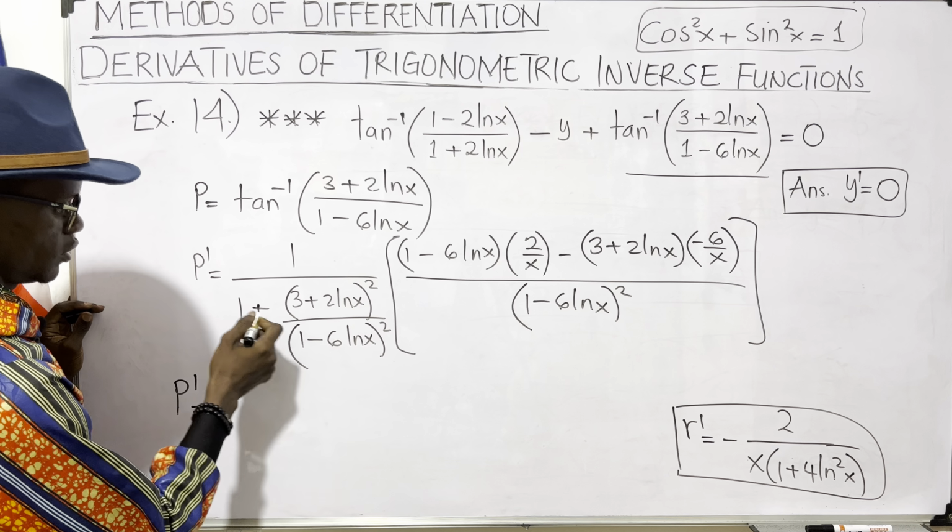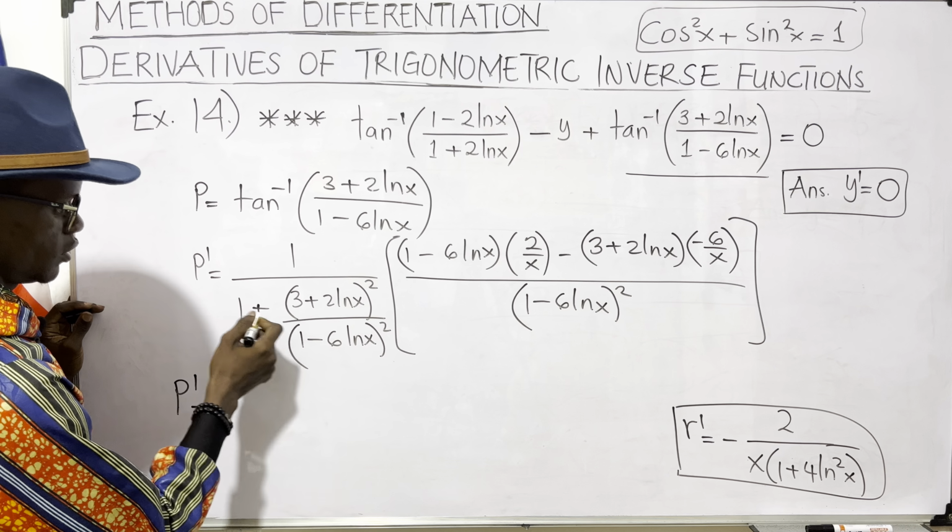So 3 times 3 is 9, and then times negative, so it's positive. Okay, so it's positive 9. And then this times this is as well positive 6 ln of x, divided by 1 minus 6 ln of x all squared.